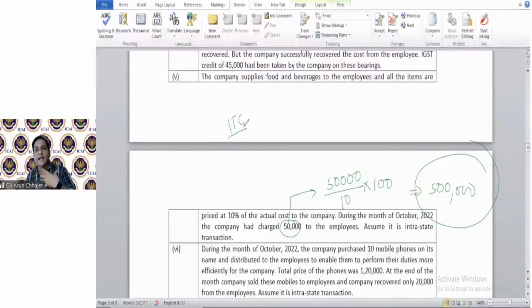Let's say I am a company, you are my employees, and I have purchased from some party on which I have paid the taxes. Now I am collecting some amount and I have to pay the GST on the 5 lakh. My question is, for the amount which I have paid to my supplier for food and beverages, can I take the ITC? Very important question. I need the detailed answer.